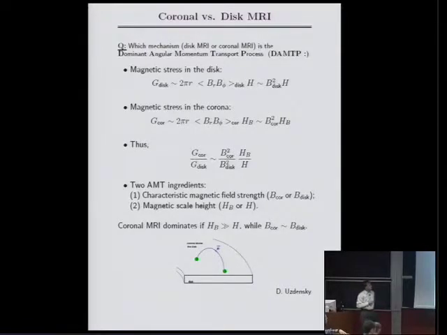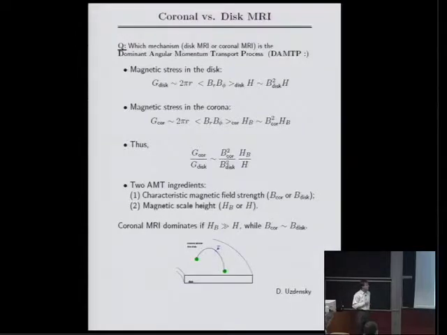The ratio of these two torques can be split, for illustrative purposes, into two products. One is the ratio of magnetic field strength in the corona and in the disk, and the other is the ratio of characteristic scale heights.